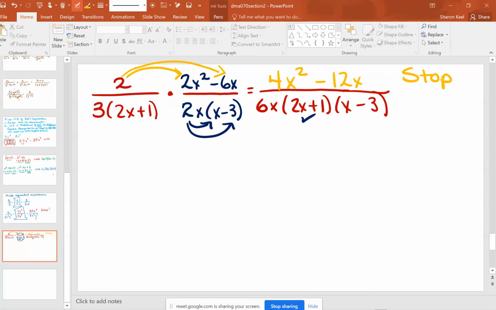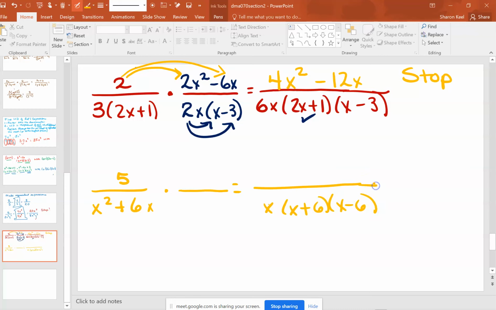Now, when you have a problem such as this, I want you to notice, as I'm finishing writing this, you will probably be noticing that the denominator on the left can be factored, and it was not factored completely in the original problem given.